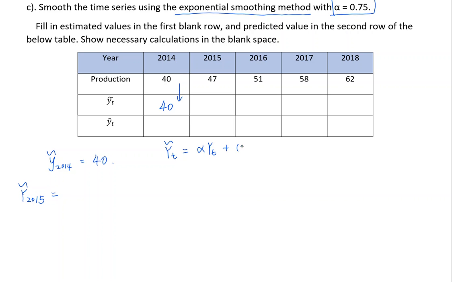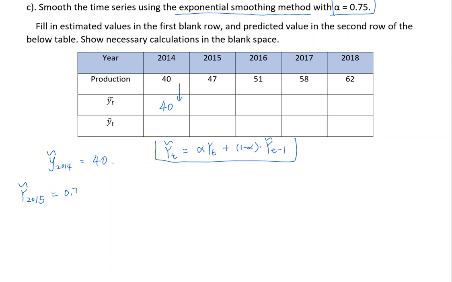And then plus 1 minus alpha times the previous estimated value, which is y of t minus 1 estimated value, right? So this is the general formula of it. Now we want to calculate the estimated value for 2015. Then what you need to do, you just follow this formula, right?